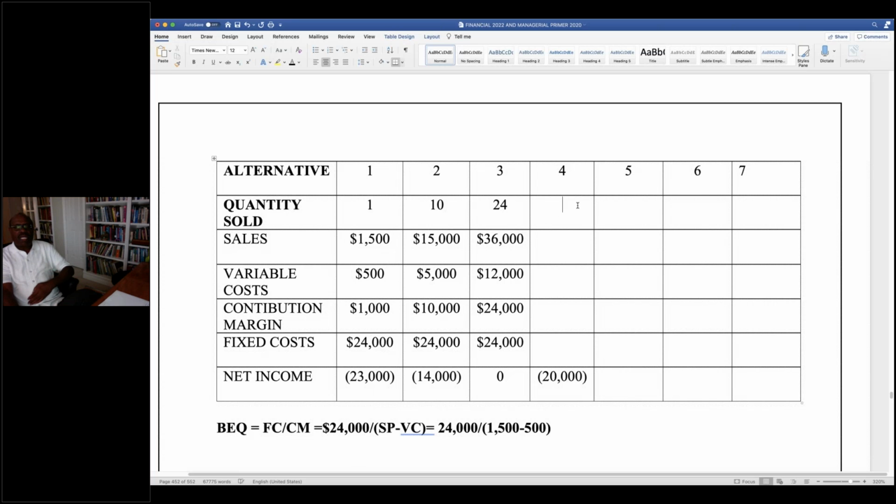I asked you how many units sold would produce a loss of 20,000. So 1 unit produced a loss of 23,000. 10 units produced a loss of 14,000. How many units would produce a loss of 20,000?